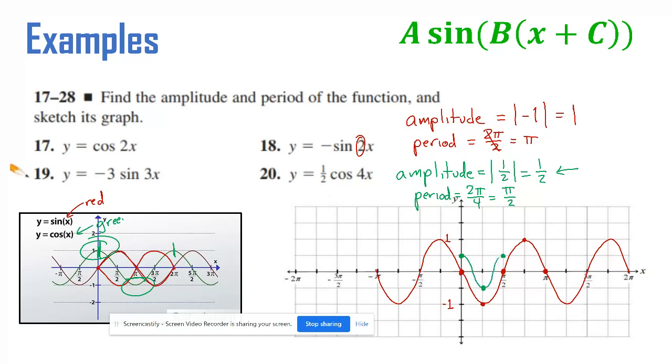And then we'll just continue this. Down, back up, down. It's not very good, but you get the point. Back up. So that's what it's going to look like. Every time you go pi over 2 in either direction, it's going to go back up and hit the top. So that's what the cosine wave will look like.